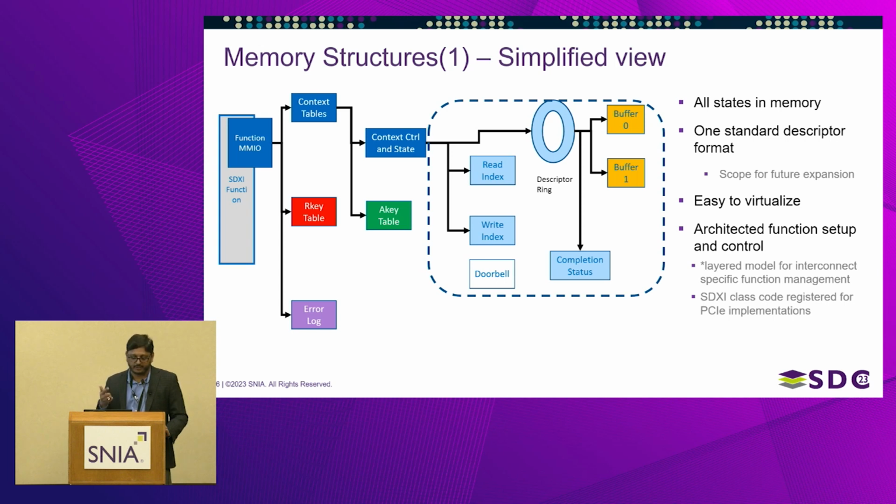A descriptor ring is provided here. Whenever the application needs to enqueue work, it increments the write index. When the function has read the descriptor, it increments the read index. When you have to notify the function there is new work, you have a doorbell mechanism. In the descriptor itself, we have structures that show you the completion status when the operation has finished, and that's what the completion status tells you.